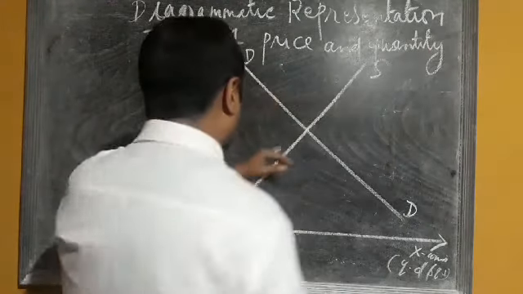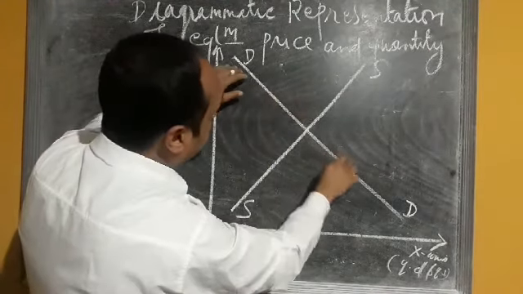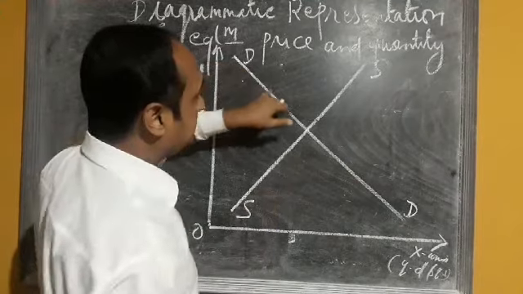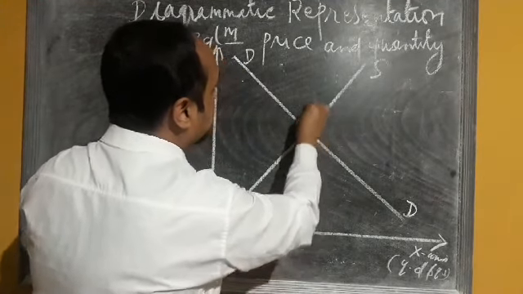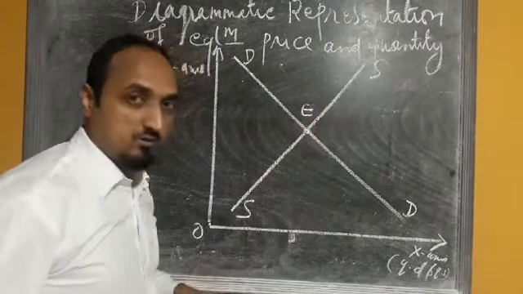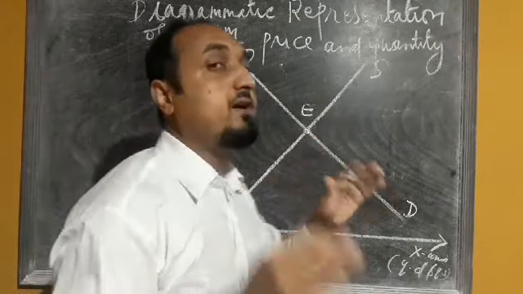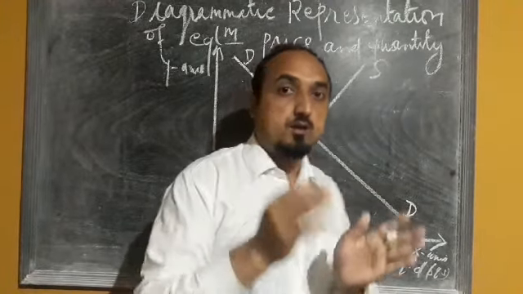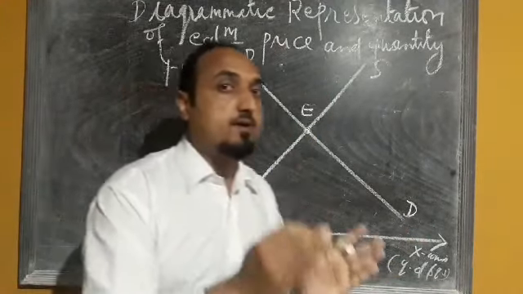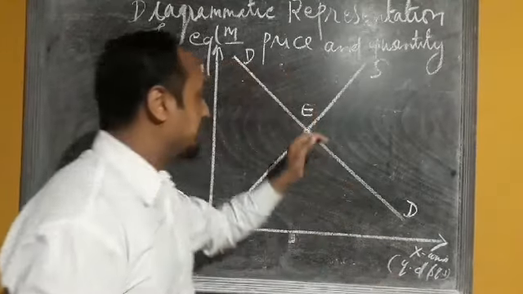If you see here, this is your demand curve and this is our supply curve. Demand and supply are intersecting each other at, suppose, point E. This point E is our equilibrium point. Why? Because the quantity demand and the quantity supply are the same at this point.